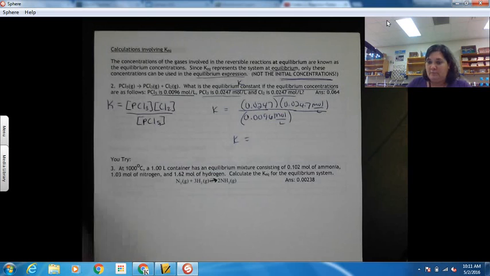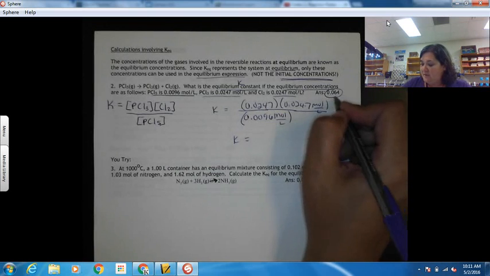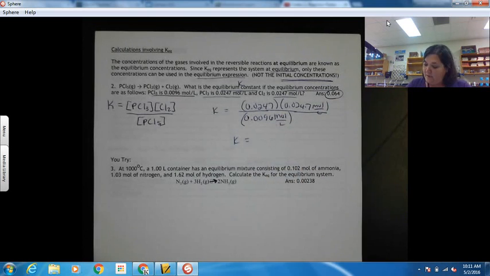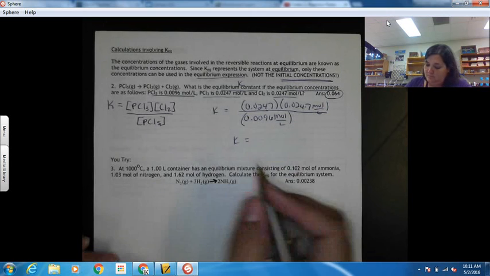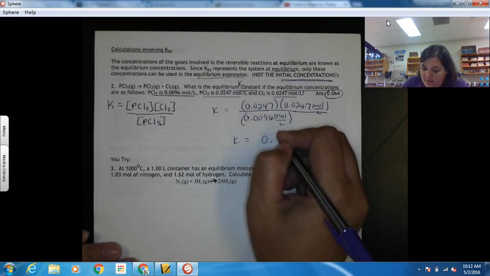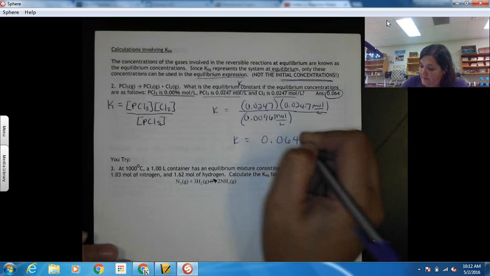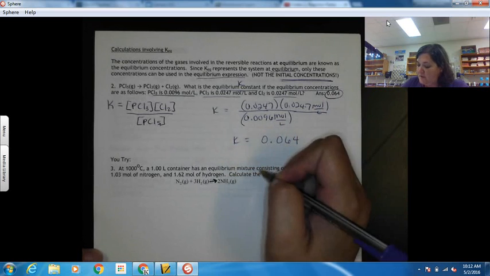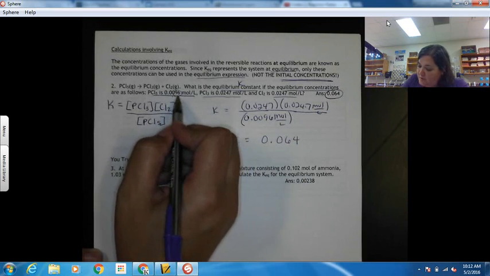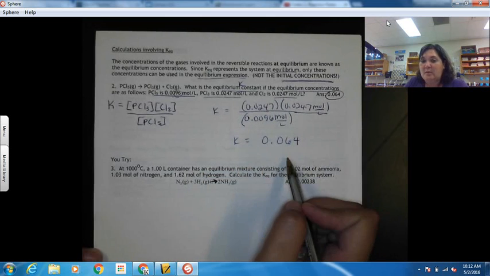We should come out with 0.064. So let's make sure we can get that in our calculators. Alright, and we get 0.064, and that is the correct number of significant figures because we started off with just the 2 over here, and these each had 3, so we can only keep 2.